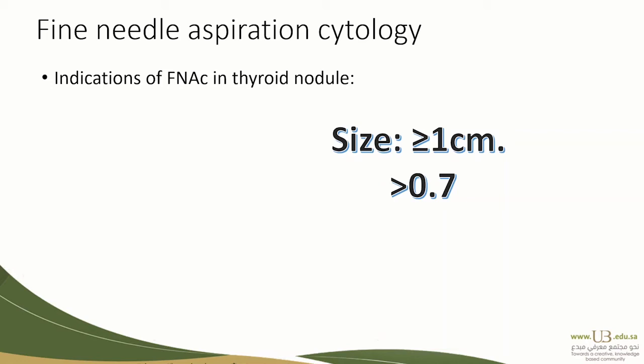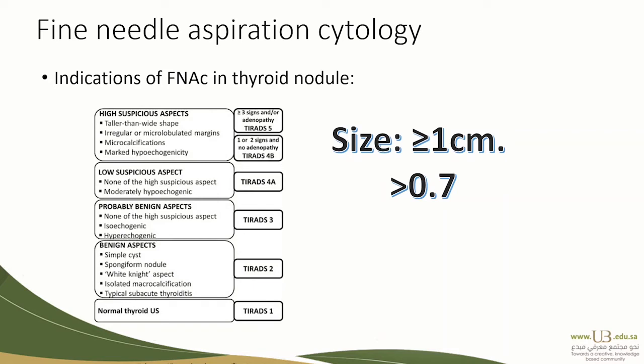And the third indication, if it is more than 0.7 centimeter, if the nodule is thyroid 4 and more according to ultrasound findings. We are following a specific system, and it is the language between us and the radiologist. So he will follow the thyroid system. If the nodule is thyroid 4 and more, we have to do fine needle aspiration for such a patient.